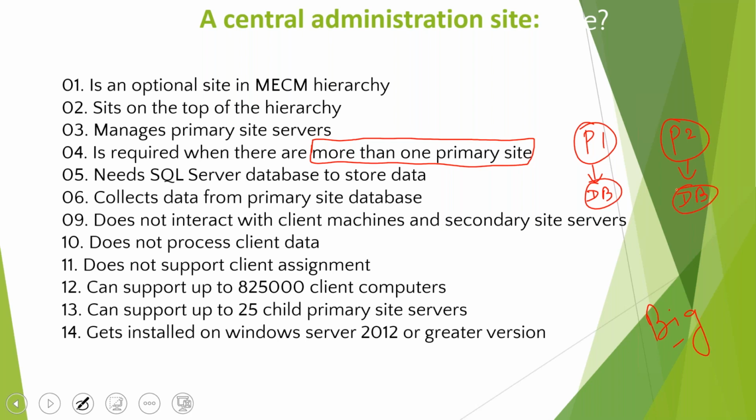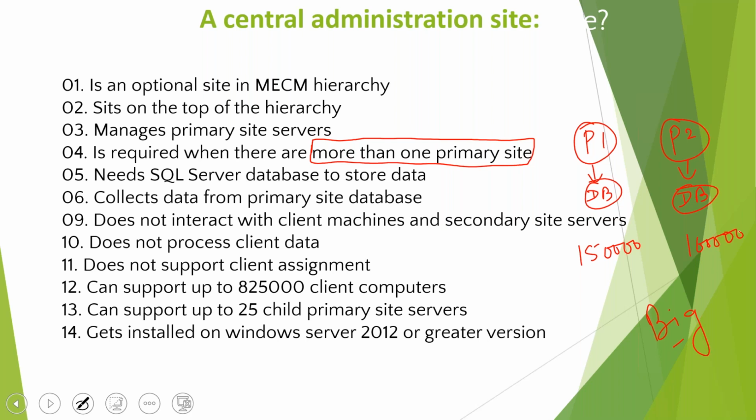For example, this one is managing 150,000 devices, and this one is managing another 100,000 devices. So in total there are 250,000 devices. One primary site cannot manage all the devices, because one primary site can manage up to 175,000. That is the reason we need the help of another primary site.